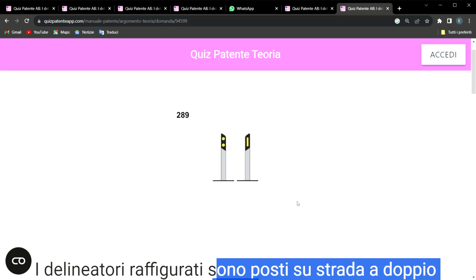Which means on this very road, when you are driving, there is a possibility of another vehicle coming opposite you in the same road. While senso unico is a type of road whereby there is no other vehicle coming opposite you in the same road. So senso unico is just one way, one lane. So only you are permitted to drive. So that is for that.